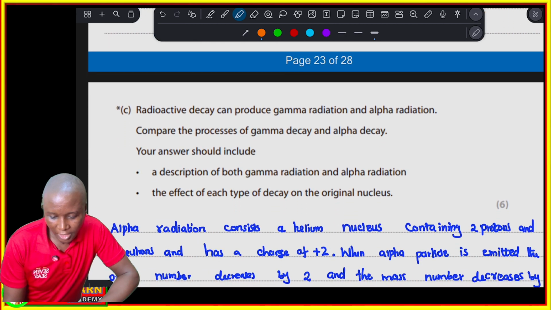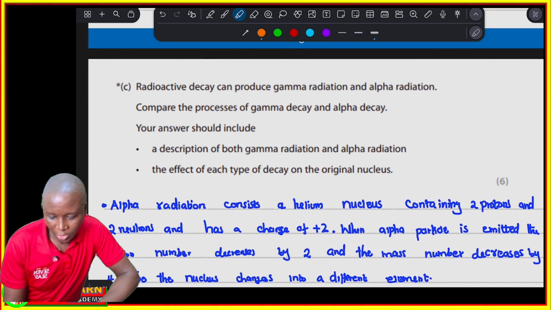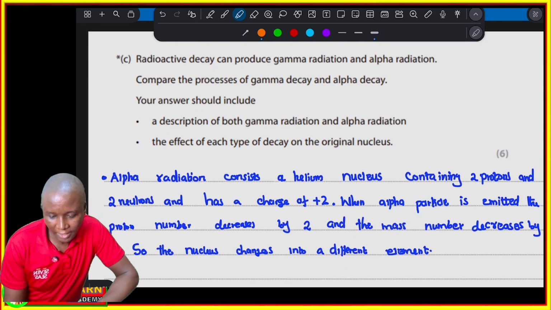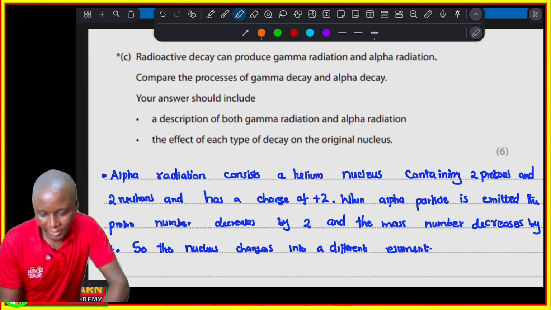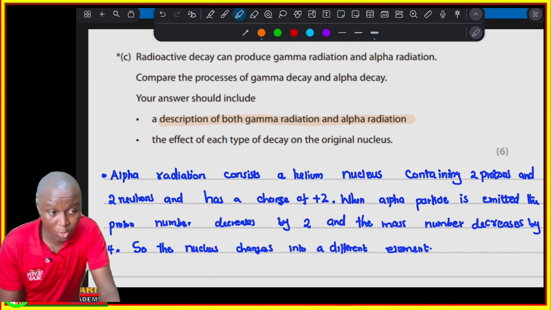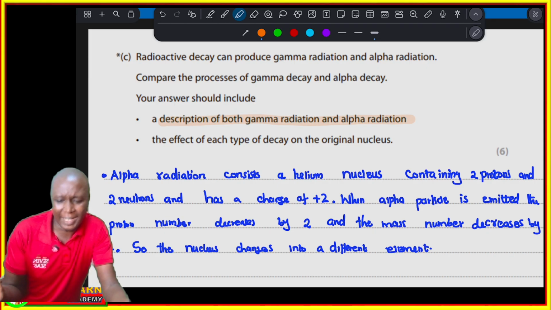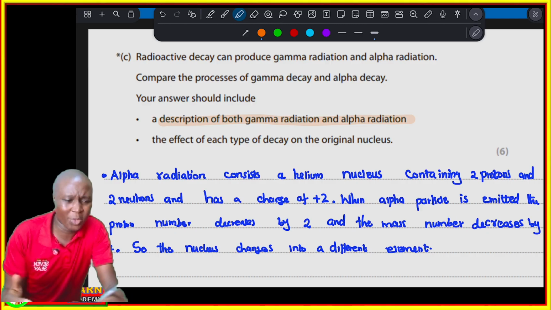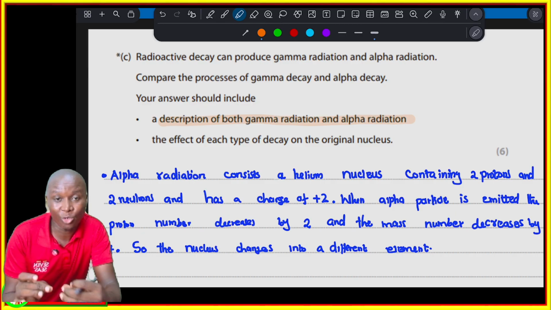Radioactive decay can produce gamma radiation and alpha radiation. Compare the process of gamma decay and alpha decay. Your answer must include a description of both gamma radiation and alpha radiation. So you must describe what an alpha radiation is and what a gamma radiation is. That has to come out from your answer.